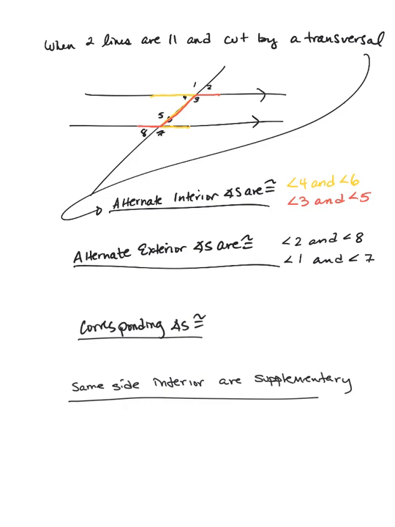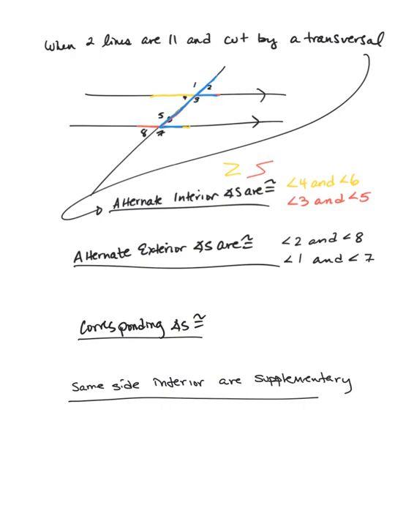Now the corresponding angles, imagine you were to take angle 2 and you were to slide it down onto the other parallel line. It would land on angle 6. Okay, you could see that it forms a letter F. That will help you to recognize corresponding angles. So alternate interior angles, you can think of the Z's, forward and backward Z's.